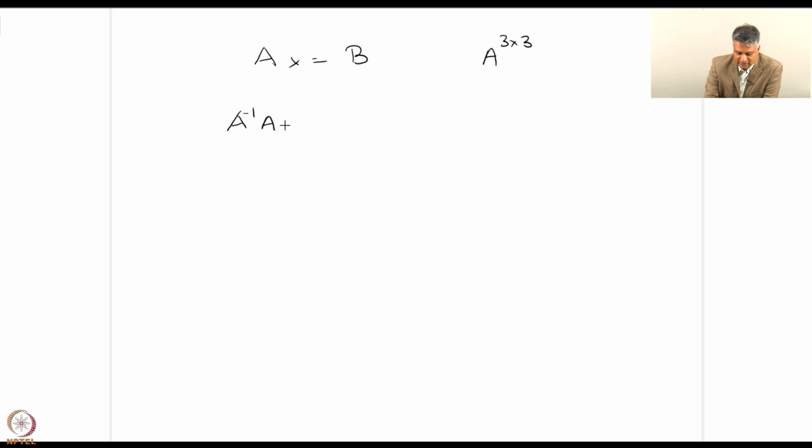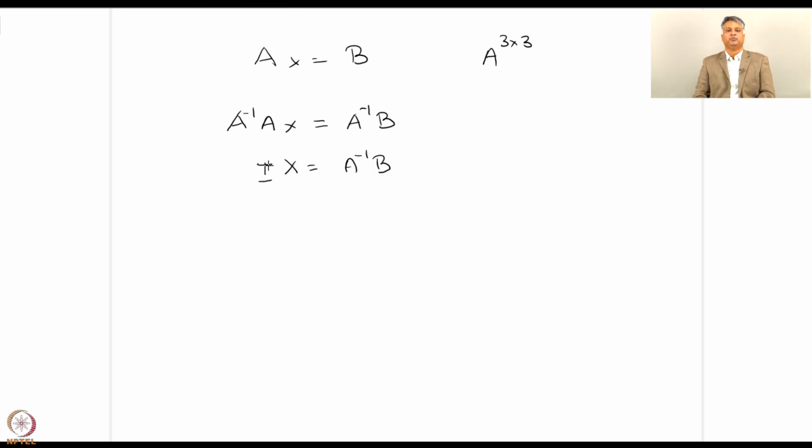Let's say that you have a matrix system, Ax = B, where A is a 3 by 3 matrix, x is a vector of 3 unknowns, and B is a vector. What we need to do is pre-multiply this system with A inverse, and then we get the vector of unknowns, which is now A inverse B, because A inverse A becomes the identity matrix.